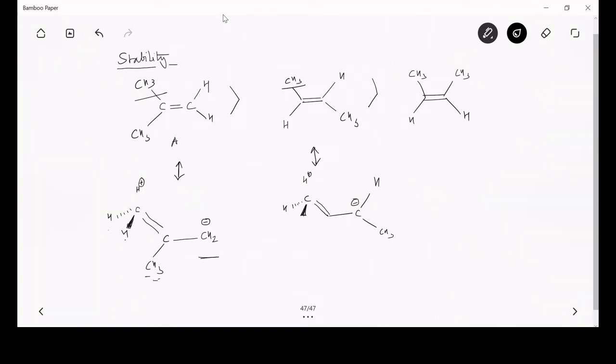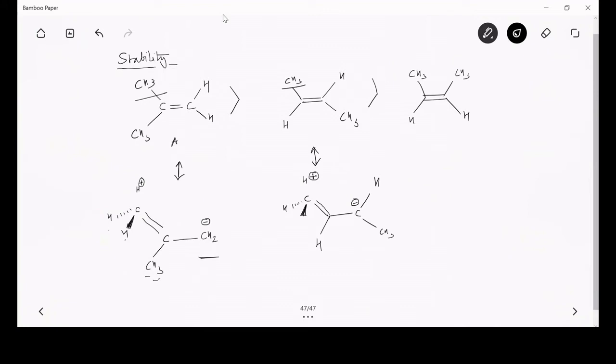So the positive charge is here. Let me draw it more clearly. And the negative charge is here. Now we have a H here.